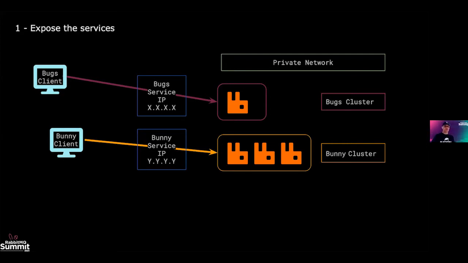You can get, for example, a public IP, so the client can connect directly to the internal service. At this point, you have one public IP for bugs and one public IP for maybe bunny. So in this way, it's easy to implement.